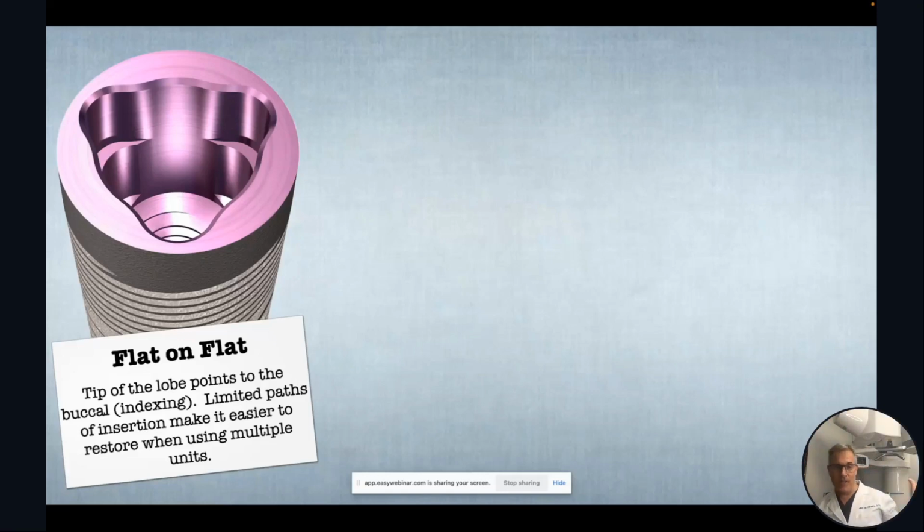So why don't we all use flat on flat or trilobe connections? And I'll explain what a flat on flat is in a little bit. Well, one drawback of the Nobel Replace was that it was not a platform shift implant. So the abutment and the internal connection, or the implant platform, was the same width as the implant.